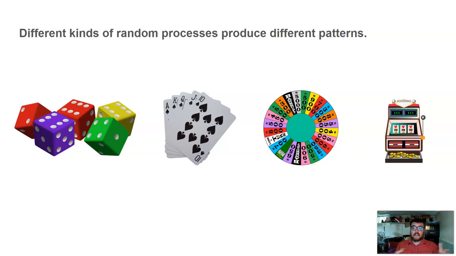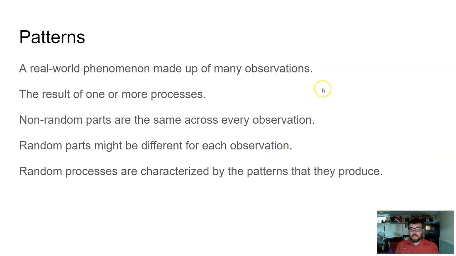Each of these different kinds of random processes produces different kinds of patterns. And so we can learn about the process by investigating the pattern, or we can predict the patterns based on the material properties of the process. So a pattern is a real-world phenomenon made of many observations.